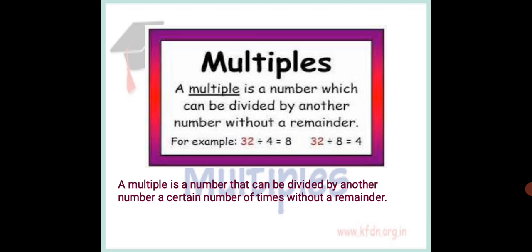Now, I am coming to the next point, that is multiples. What is a multiple? A multiple is a number which can be divided by another number without a remainder.